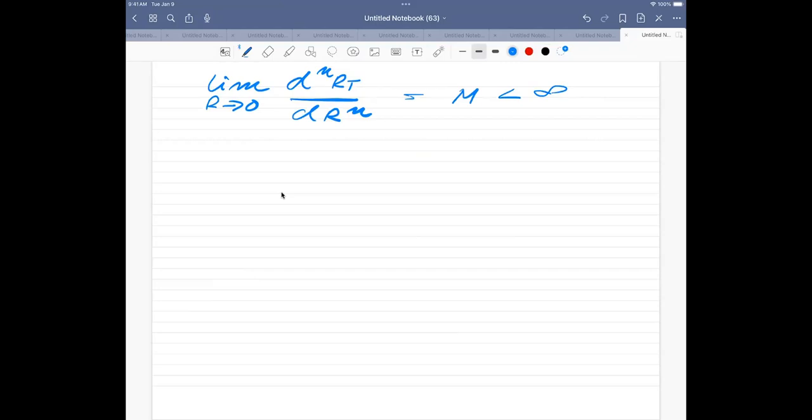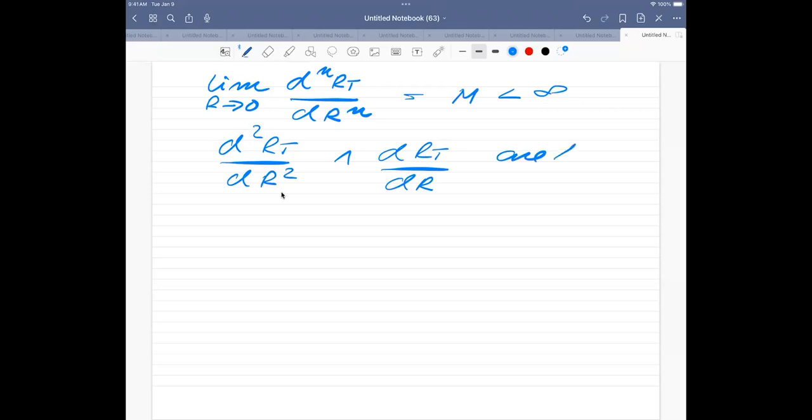So that means that when I now look at that equation, when I have d of r of t of d r squared and d of r of t of d of r, they should be finite. Now, finite when r goes to 0.